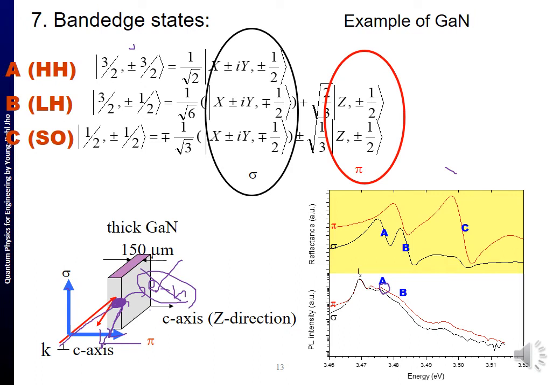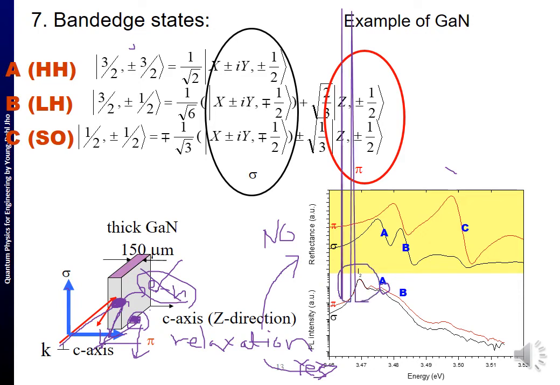Reflectance is an almost abrupt, infinitely fast phenomenon. Light is incident and directly reflected at the same time. So you don't see any relaxation in the case of reflectance. In the case of PL, it takes time. Yes, there is relaxation. So their features are very different.